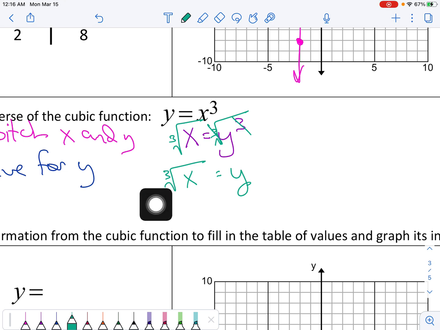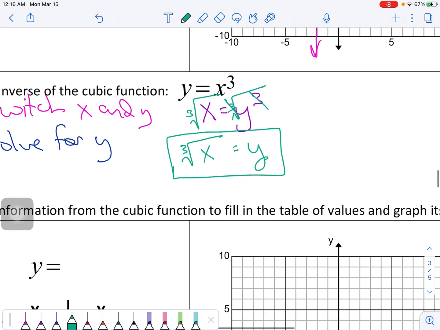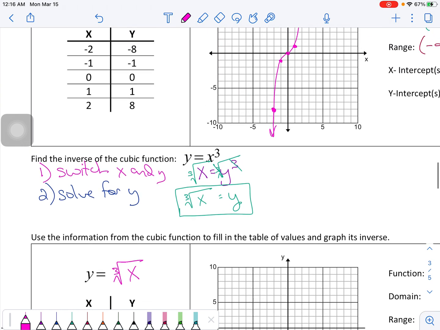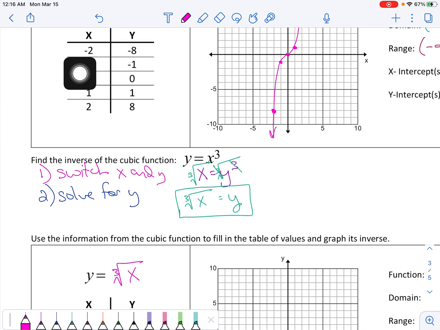Now, because this is a cube root, there is no plus or minus here. The plus or minus will only exist when you deal with even roots. So cube root is not even. So that is the inverse of the cubic function. So y is equal to the cube root of x. And the basic idea here is the same thing.